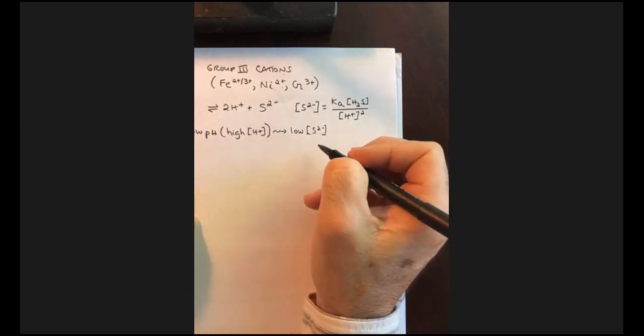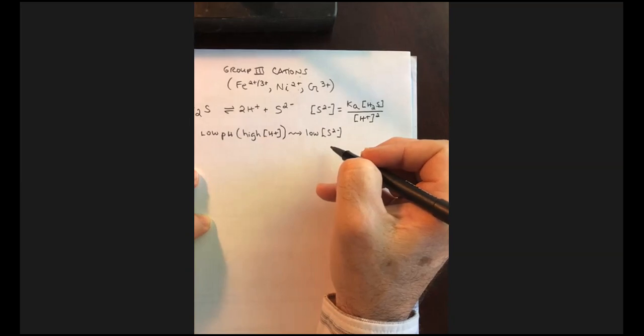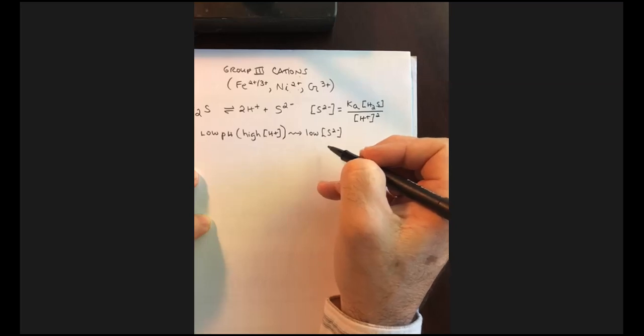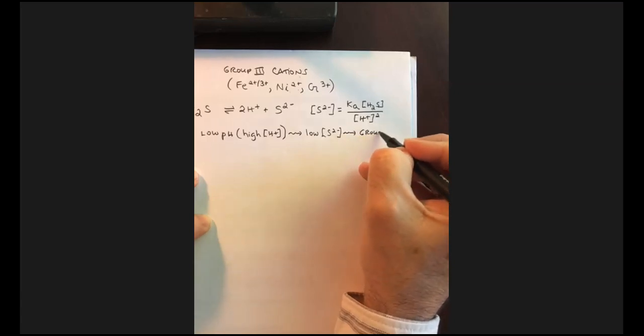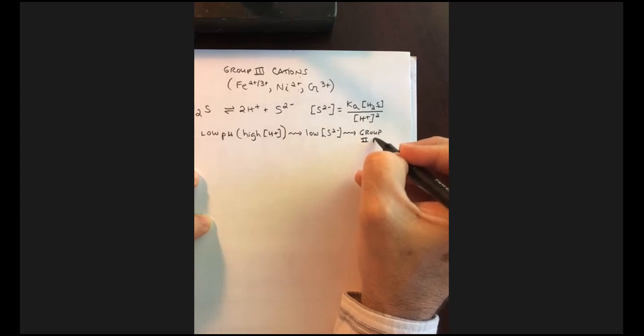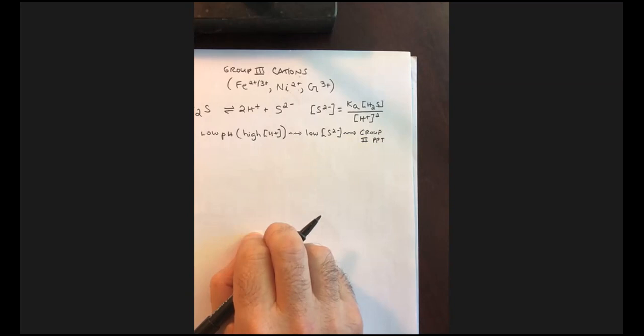And so therefore, only those cations that precipitate at very, very sensitive KSPs are going to precipitate. So this is what we use to precipitate the group 2 ions. These ones only require a very low concentration of sulfide in order to precipitate, and so we manipulate that by manipulating the pH.